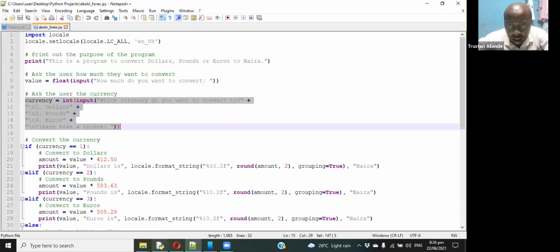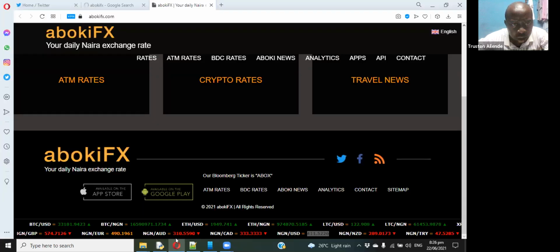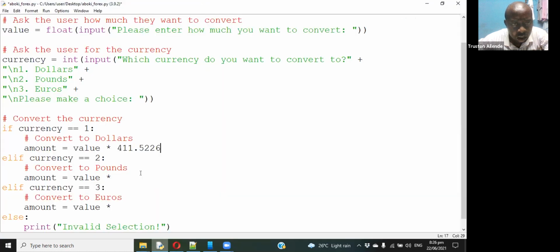Naira to USD is this. Naira to pound. The Naira to, sorry, didn't copy that one. You didn't copy it.